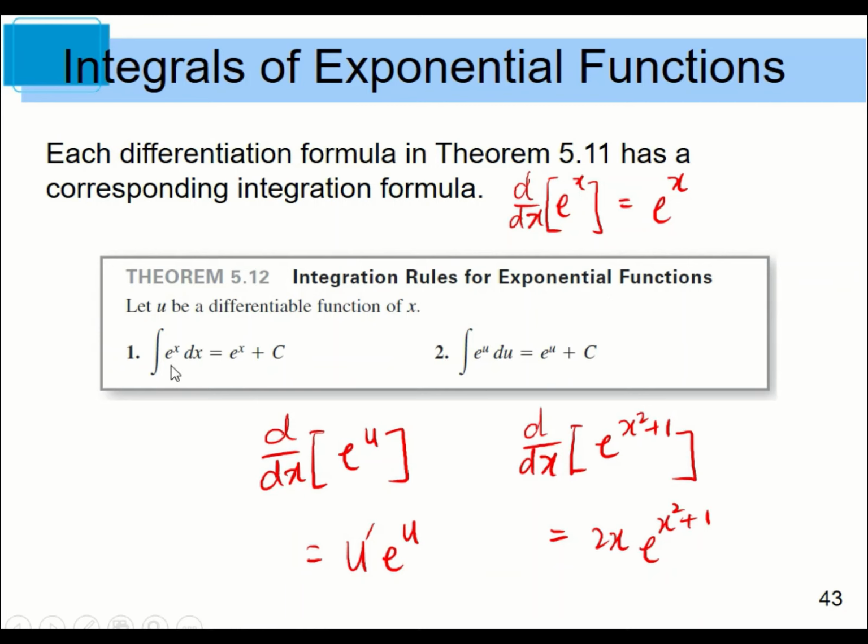If we integrate e to the power of x, we get back e to the power of x itself. And when we integrate u prime times e to the power of u, we get back e to the power of u plus c.